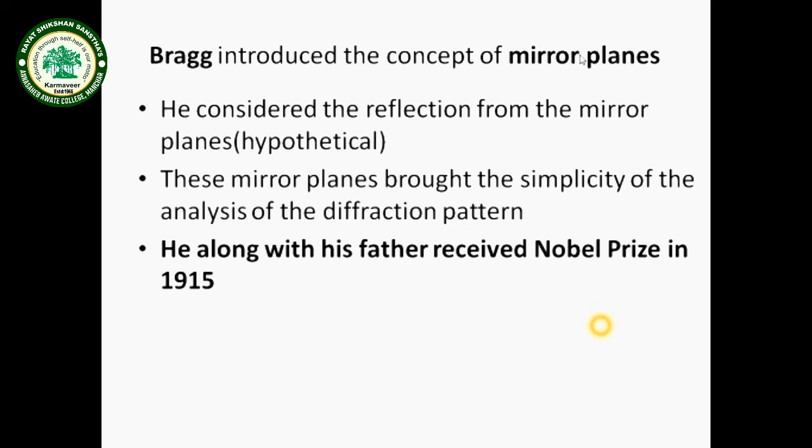Why mirror? Because the angle of incidence and angle of reflection are the same. But this mirror plane was a purely hypothetical idea or concept. But this idea of mirror planes has made the analysis of the diffraction pattern simple.